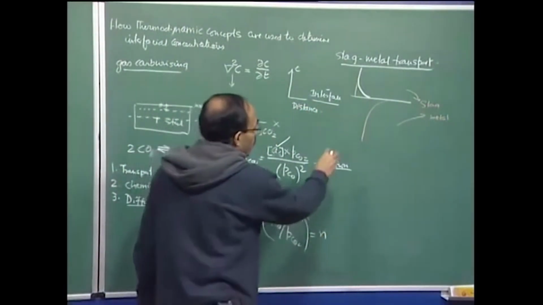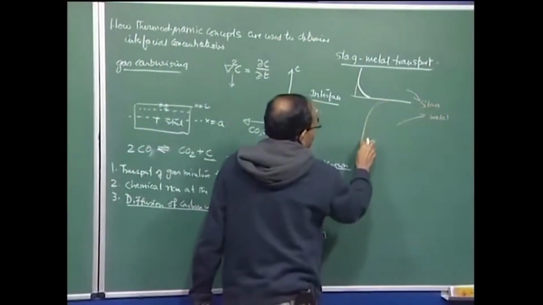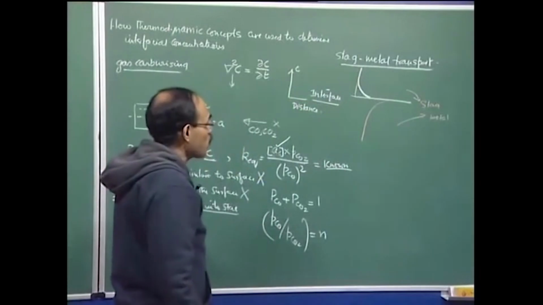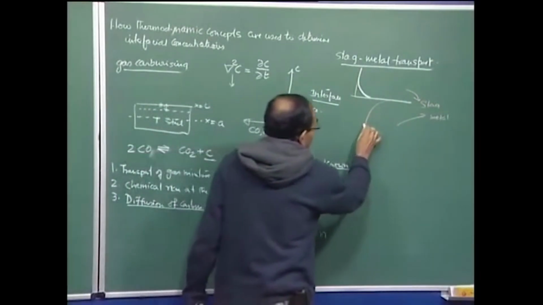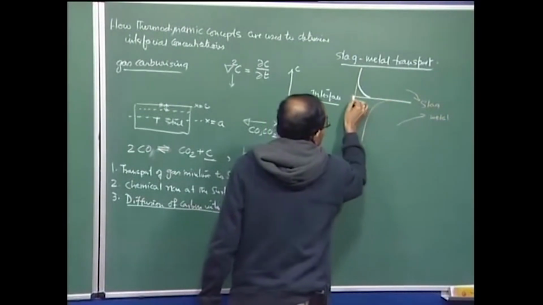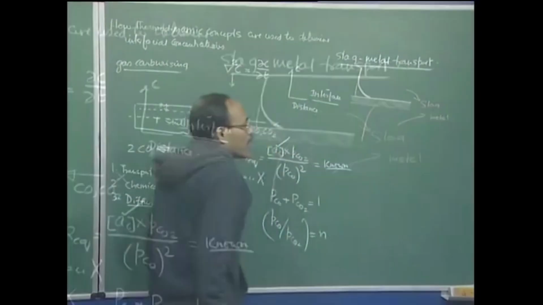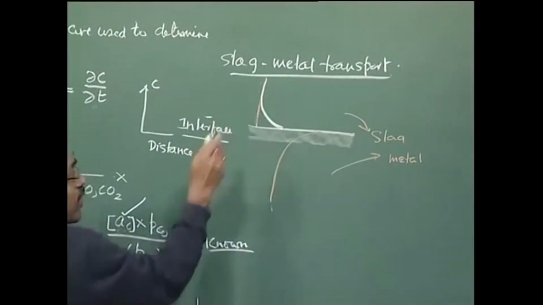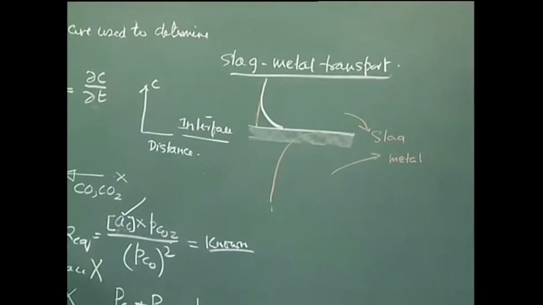So, the red line that I have shown here basically represents the slag metal phase control. So, from the interface, there is a boundary layer development. So, there is some resistance across the boundary layer and the transport is rate limiting, and the corresponding red line is horizontal, which essentially means that there is no concentration gradient here, and therefore, the transport in the metal phase is not rate limiting.